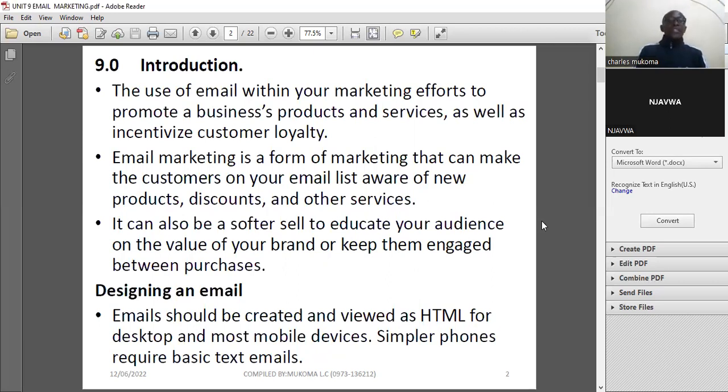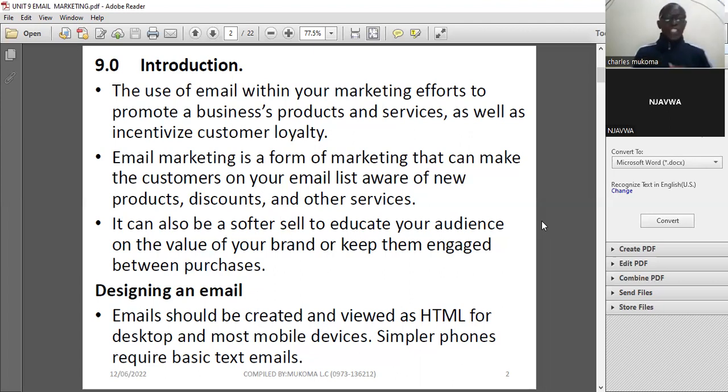It is a form of marketing that can offer the customers on your email list other services. So what it means is, you create an email list, then you will be informing them about discounts, products that you are launching, and the like.